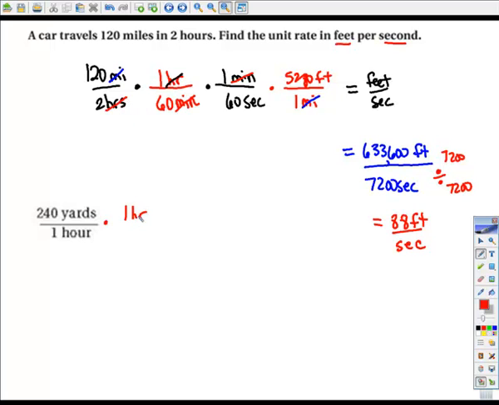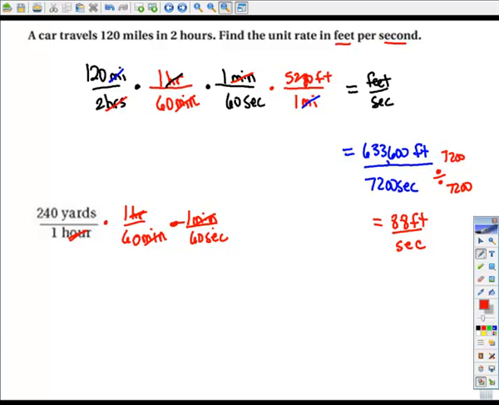I know in 1 hour there's 60 minutes. So I can cross off my hours, and I know in 1 minute, there's 60 seconds. So I can cross off my minutes, and now I at least have seconds.